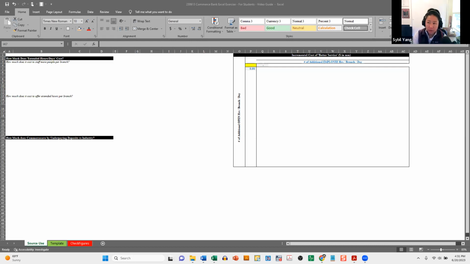So the source of the funds is paying less in interest to depositors, and the uses of the funds are friendlier service and more convenient access to money. We're going to try to do real simple calculations on how much this better, more accessible, friendlier service costs.